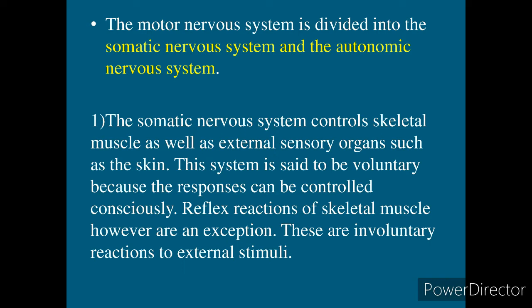The somatic nervous system controls skeletal muscles. The external sensory organs, that is the skin, are also controlled by it. This system is said to be voluntary because the response can be controlled consciously.